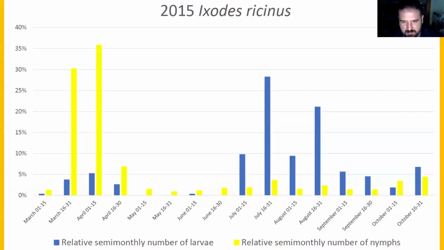About the temporal distribution, since there was no real significant difference between years, I decided to show you the data from 2015. As is visible here, during the spring migration, the nymphs of Ixodes ricinus predominated, while the larvae were the most abundant during the autumn migration and the end of the nesting season.